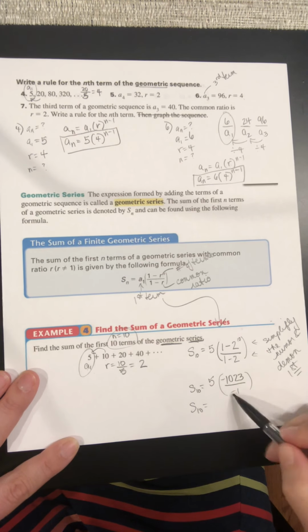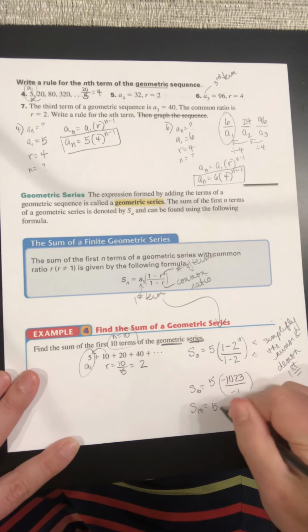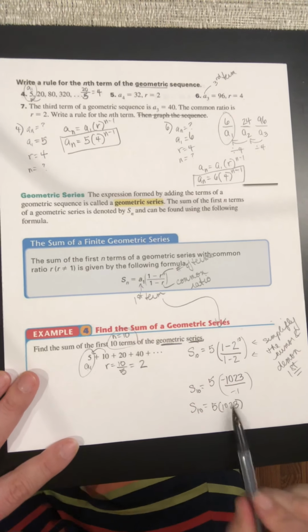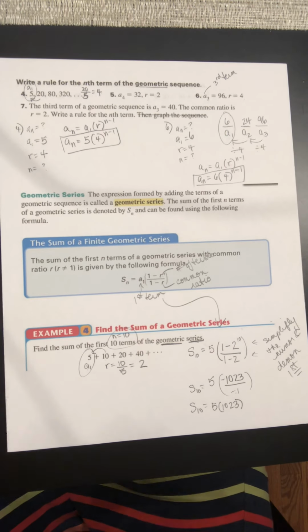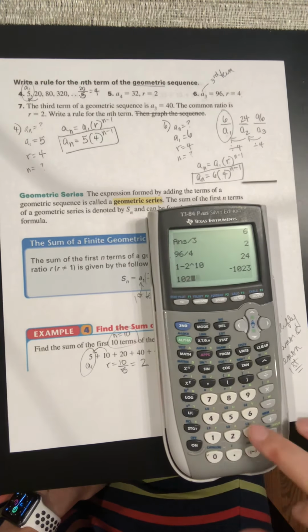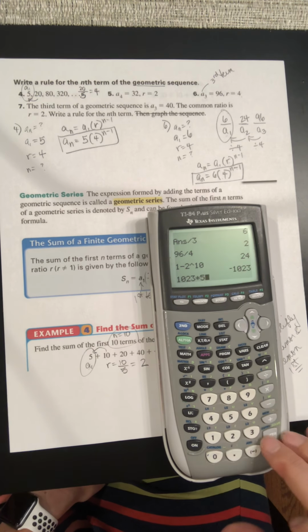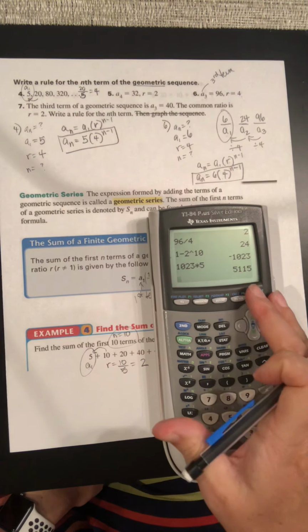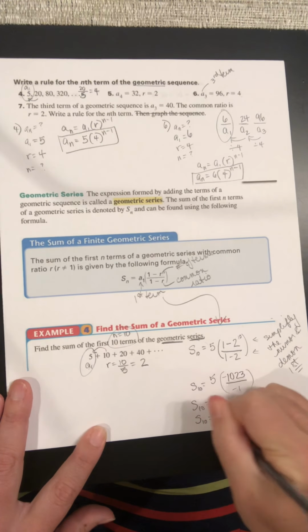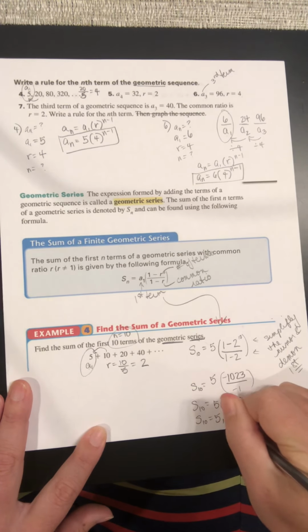Now it's just negative 1, so that becomes positive. So then it's 5 times 1,023. This number might not always be nice, and that's okay, all right? So 1,023 times 5, and these numbers are going to get big, right? 5,115 is my sum. That's not too bad.